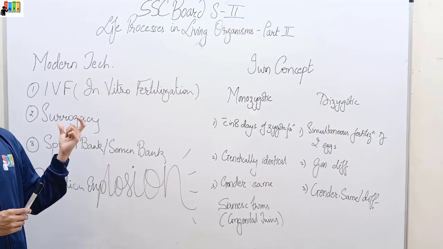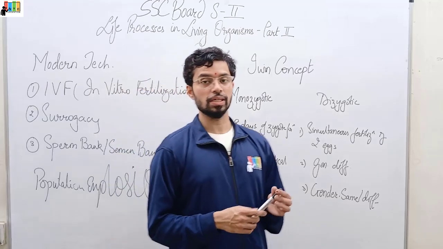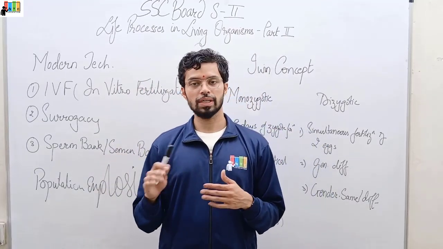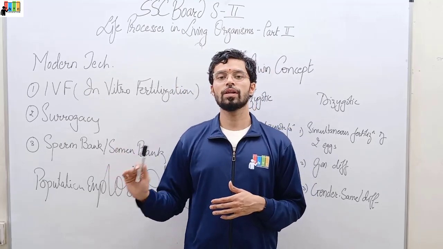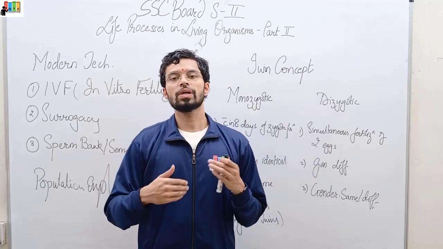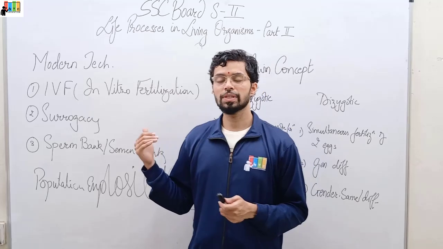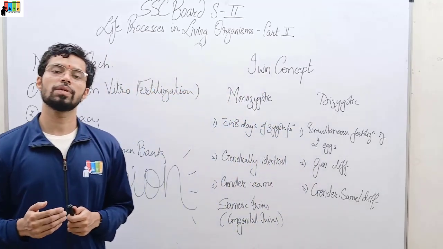You are a smart generation, probably Gen Alpha, Gen Z kids, so you must have seen the movie Vicky Donor. Now we have got the fun part, but the science I want to convey through it is that you can donate your sperm or semen, and this is kept safe, stored in sperm banks. They have cryopreservation methods for it.